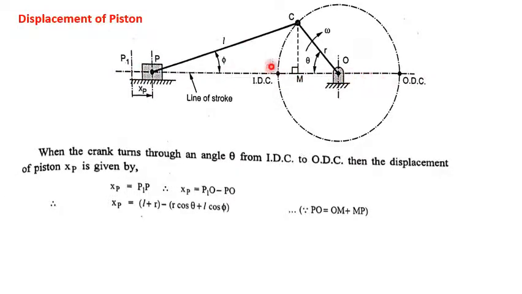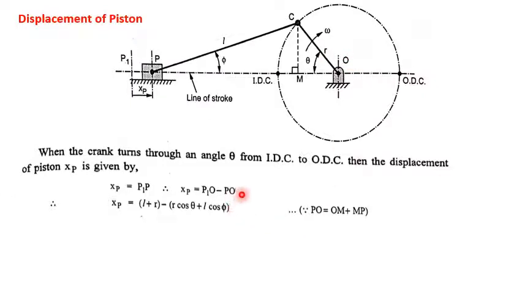L plus R, because let us assume the slider is in the position P1. Then this C will be in the position IDC, so it would be like a straight line. Therefore P1O is nothing but L plus R, the total length.